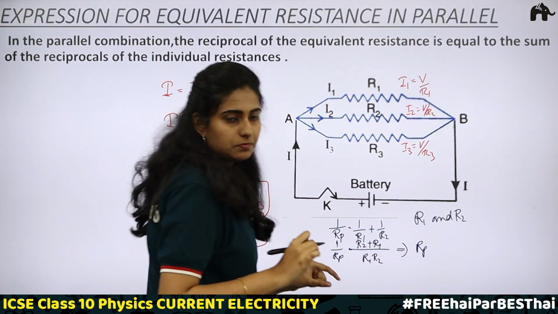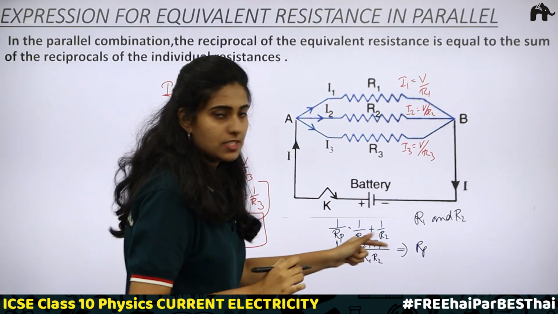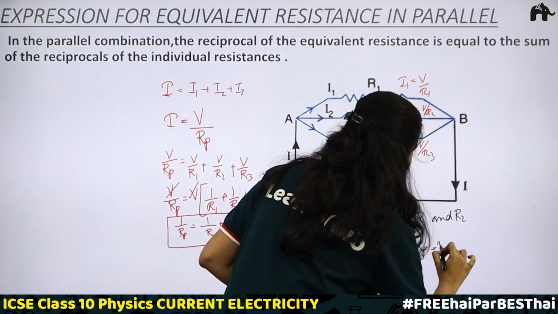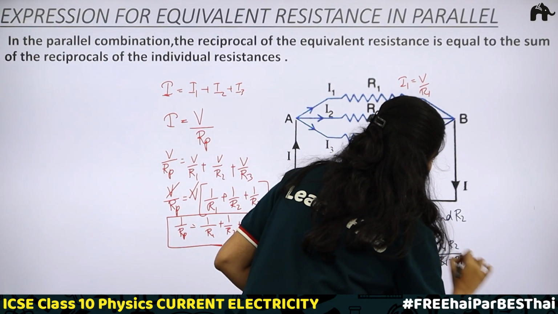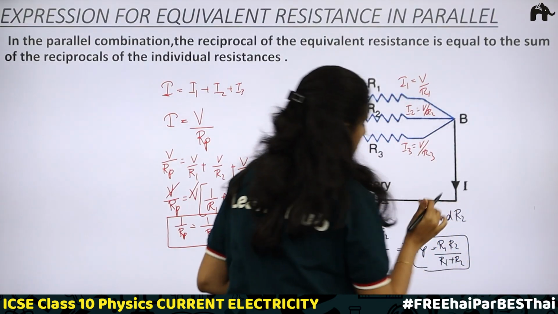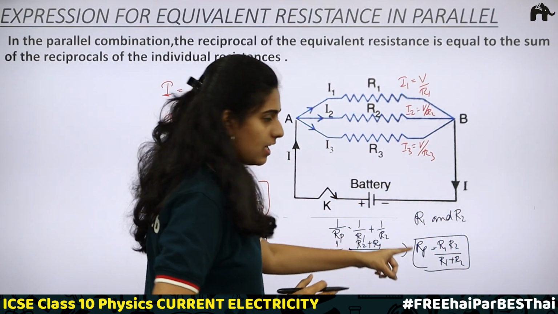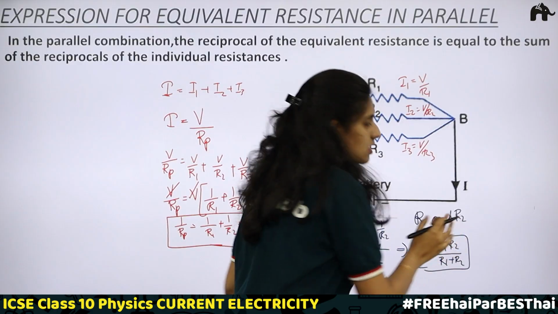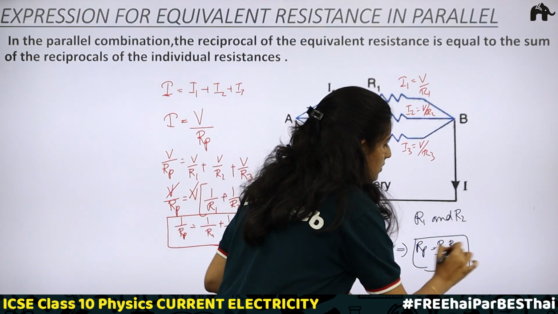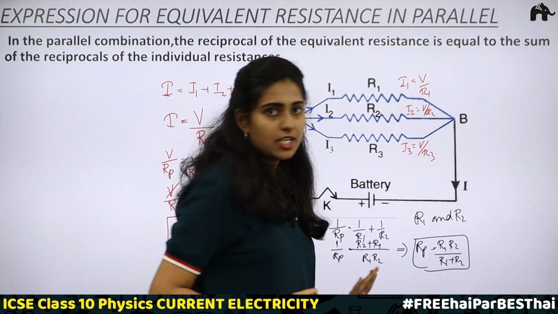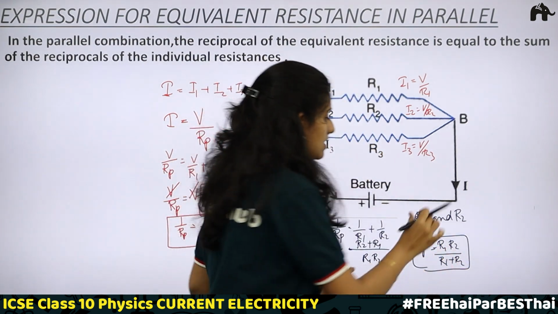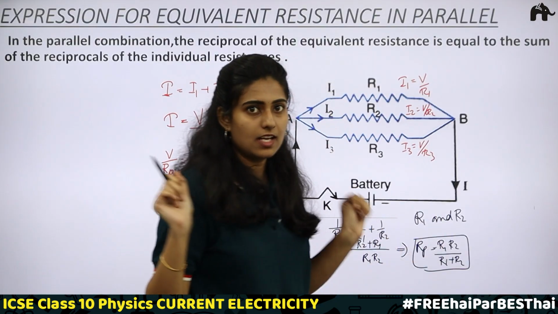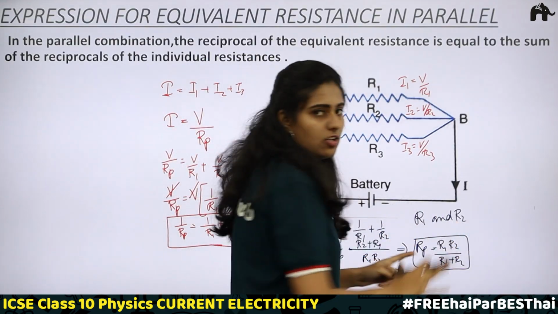Taking the reciprocal on both sides, we get Rp is equal to R1 R2 divided by R1 plus R2. Okay, so to find the equivalent resistance in parallel, when you know the resistance values, first take the product of the resistance values, you will be getting the numerator, and the sum of the resistance values will be giving you the denominator. This is the case only when two resistors are taken into consideration, not in all cases.